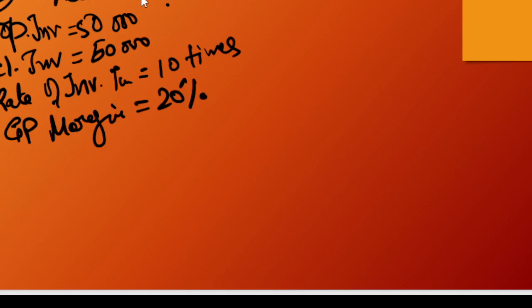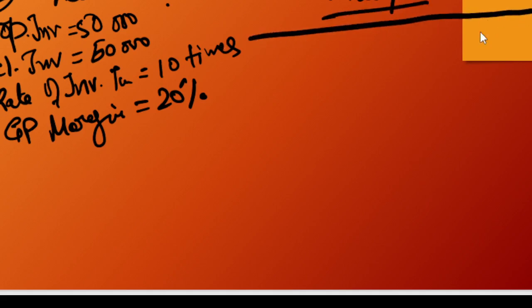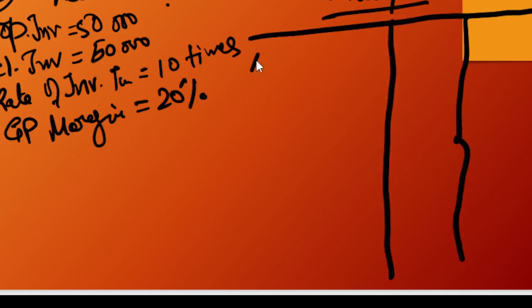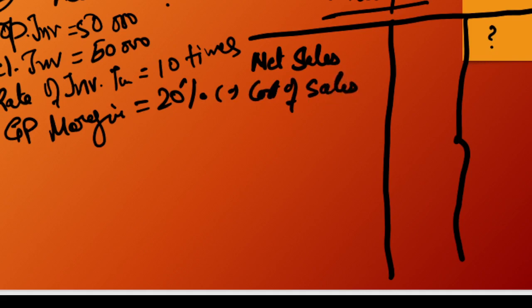Now you have to find out the revenue. How are you going to find out revenue? By trading account, because you know how to prepare a trading account. So for preparation of the trading account, net sales, or you can write down revenue, we need to find out, then less cost of sales, that is opening inventory plus purchases minus closing inventory.